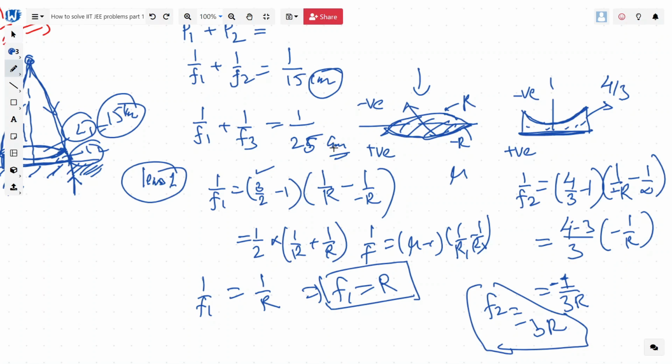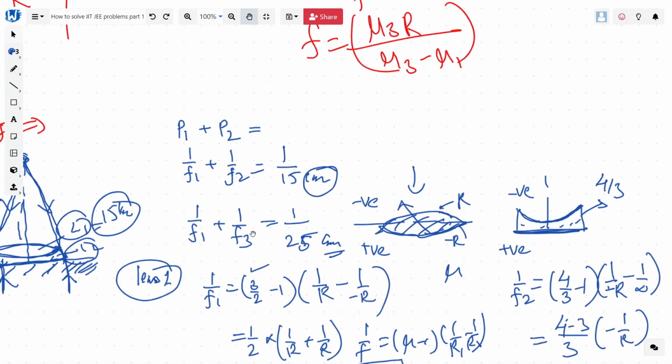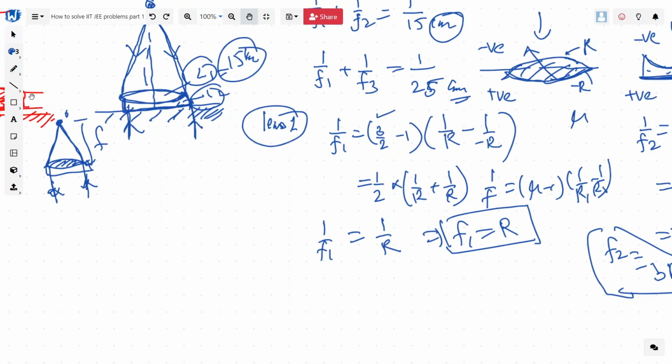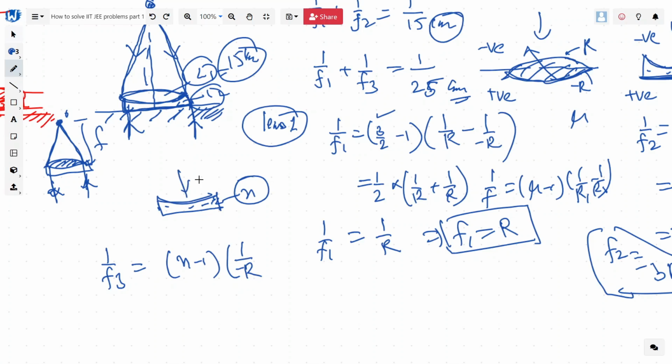Now we know our f1 and f2. And now we have to write the lens maker formula for lens number 3. Lens number 3 is again like this, but now we don't know the refractive index. So we'll write 1 by f3 is going to be n minus 1 into (1 by minus r, since this is on the negative side like last time, minus 1 by infinity).